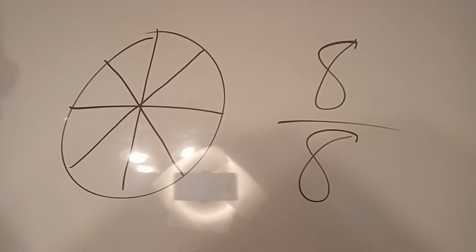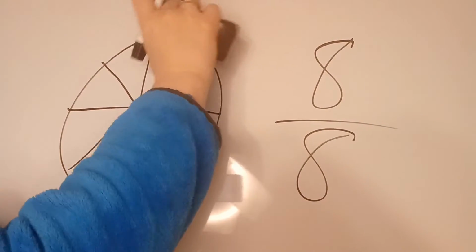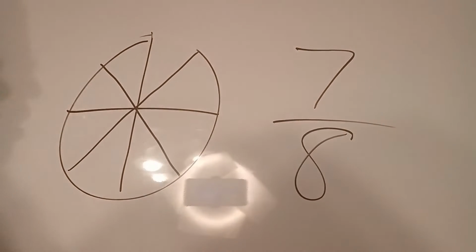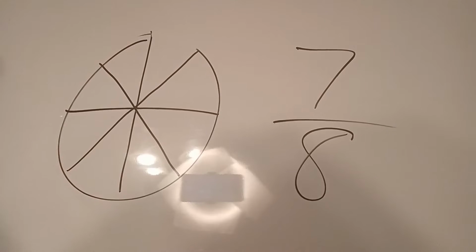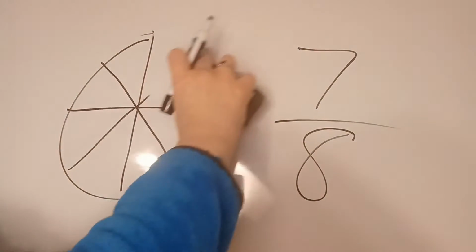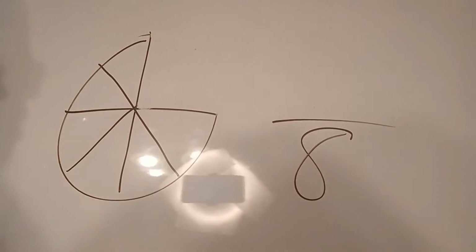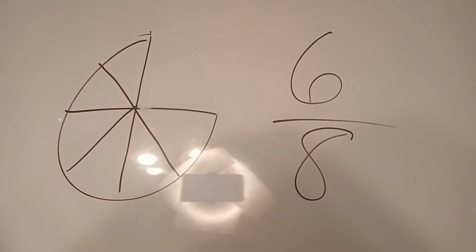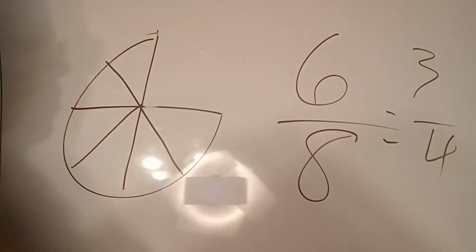Well, let's say somebody comes along and eats a piece. Now we have 7 out of 8. Let's say somebody comes along and eats another piece. Now we have 6 out of 8. But now, if you've dealt with fractions before, we know that sometimes this changes into 3/4.